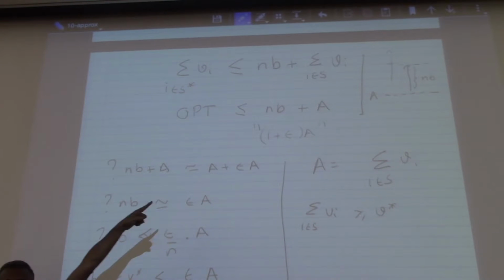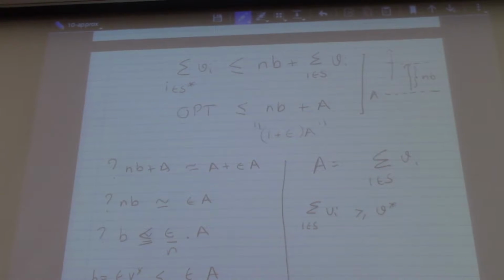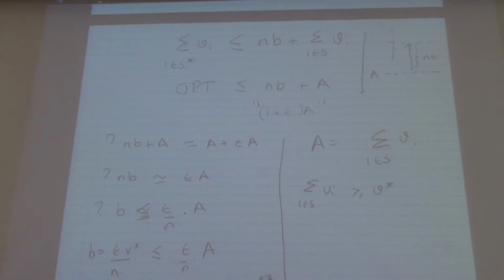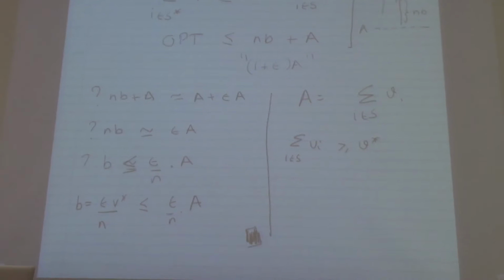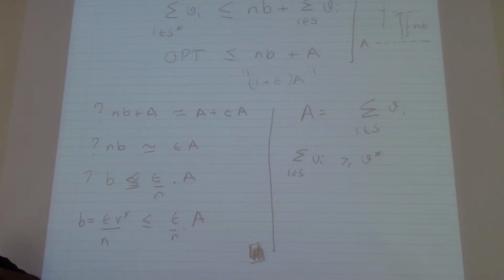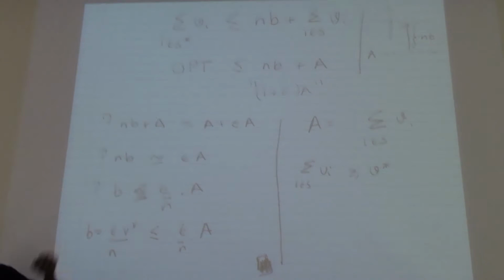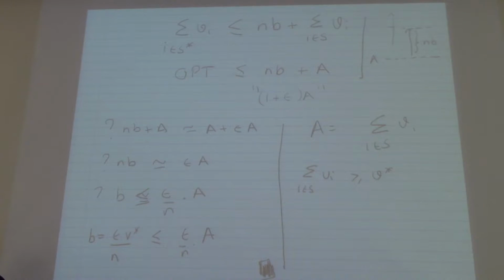I'm just kind of confused on how to interpret n growing in that equation. It just means that your rounding scale parameter gets smaller. So if your maximum item value was 10, epsilon was 0.1, and n was 10, then B is 0.1.